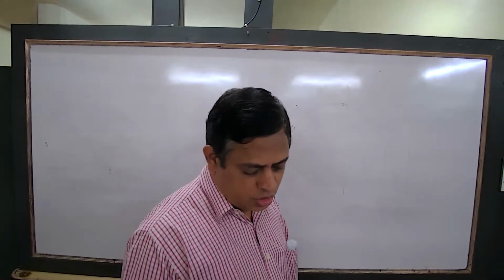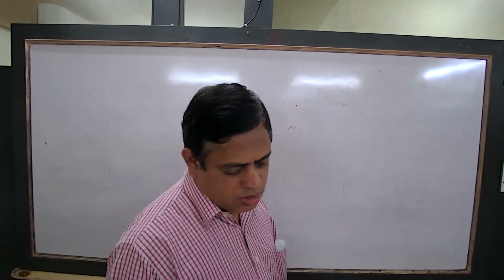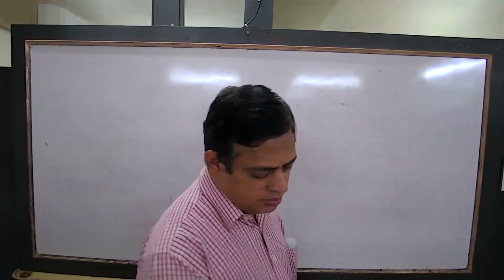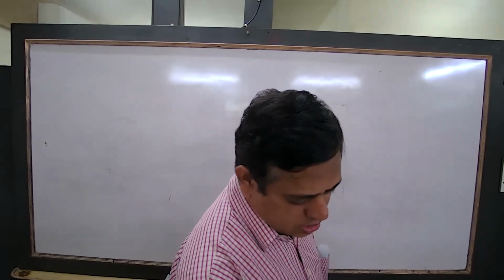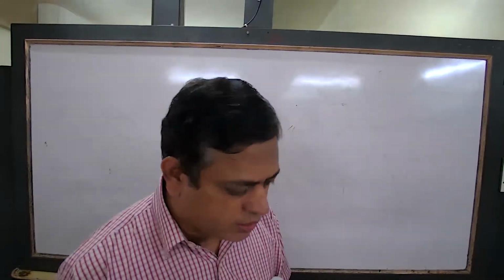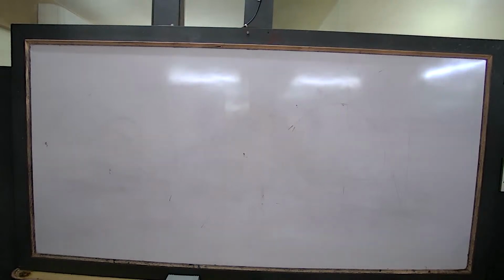From a point Q, the length of the tangent to the circle is 24 centimeter and the distance of Q from the center is 25 centimeter. Figure is required. That's the only thing needed. Where is Q?